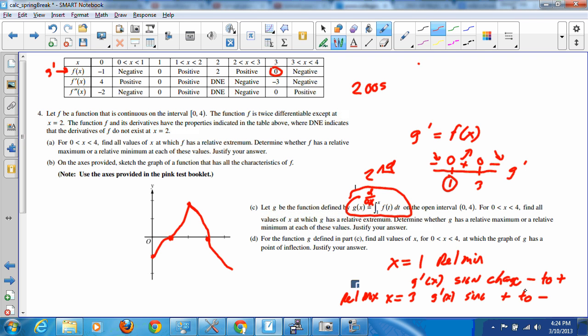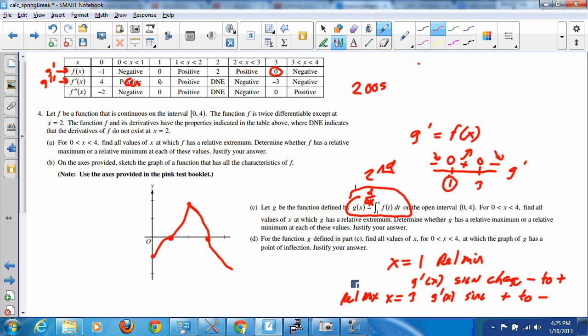It says, for the function g, find all the values for which it has a point of inflection. Alright, so this is the second derivative, is the first derivative of f. Alright, so let's see what's happening. Here, the function is concave up because it's positive.